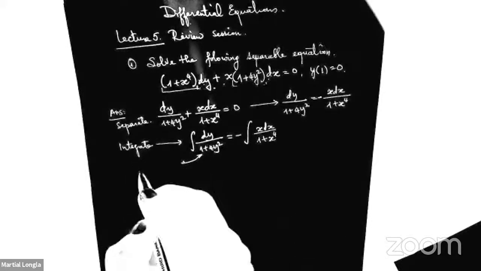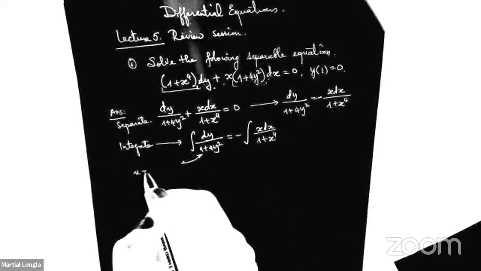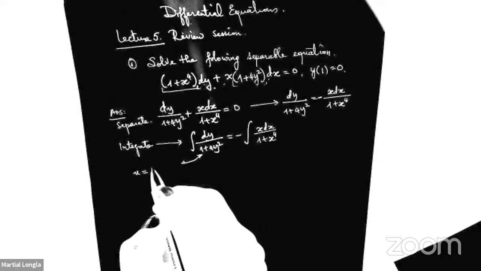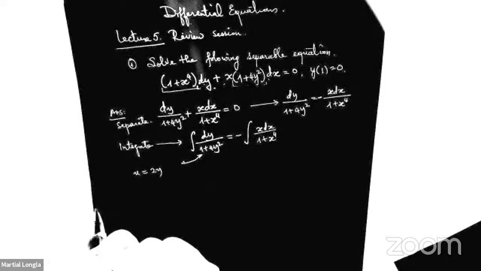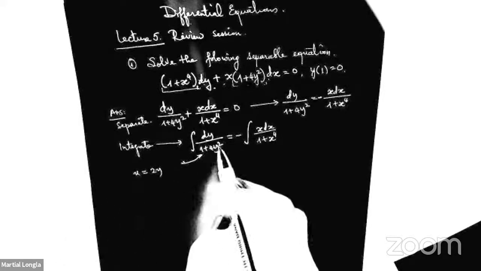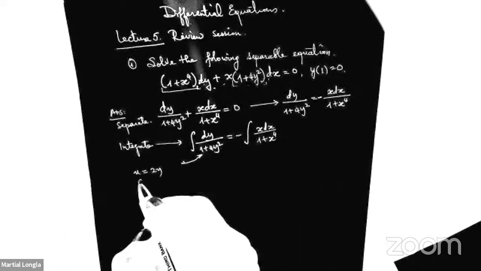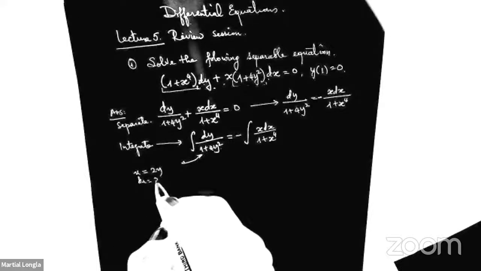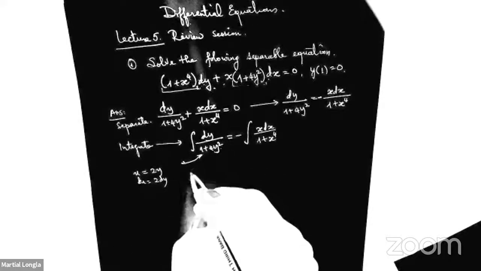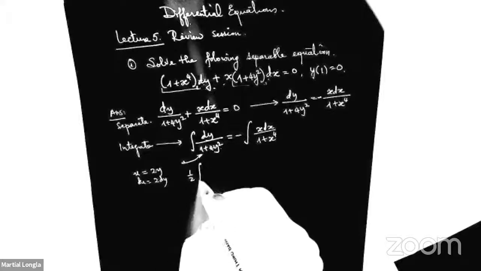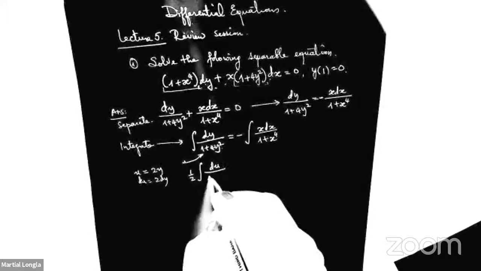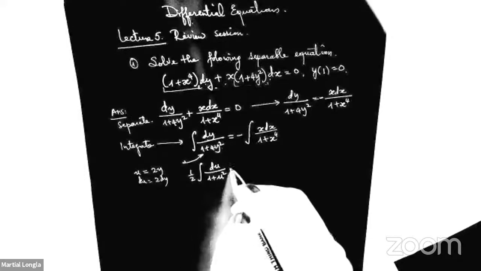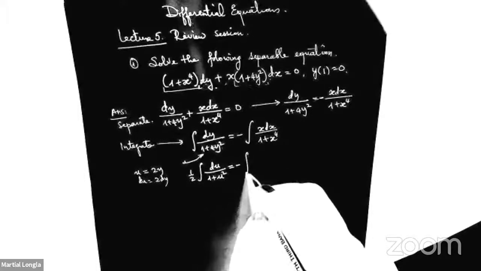On this side, we are going to use u equals 2y because that's 4y squared. du is going to be 2 dy. So this is 1/2 integral of du over 1 plus u squared equals negative integral.